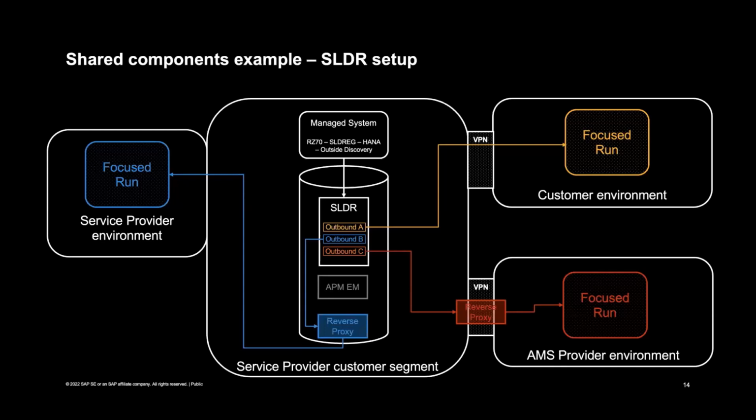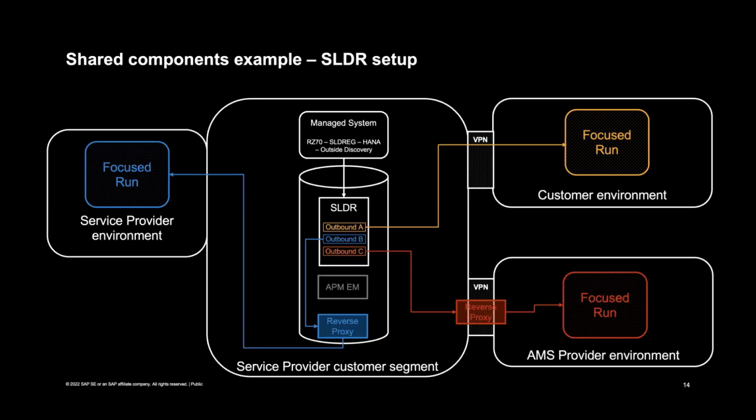These different SLD data providers need to send their data to all connected Focused Run systems. And not all the SLD data providers are able to have multiple destinations enabled. And as I said already before, it's necessary that all Focused Run systems have a complete picture of the landscape, or the complete information from the managed component.